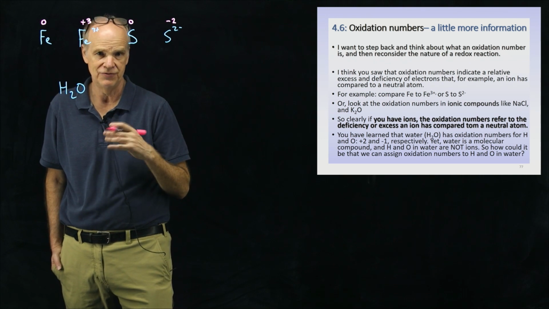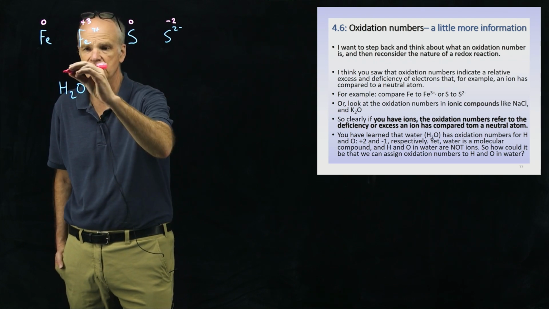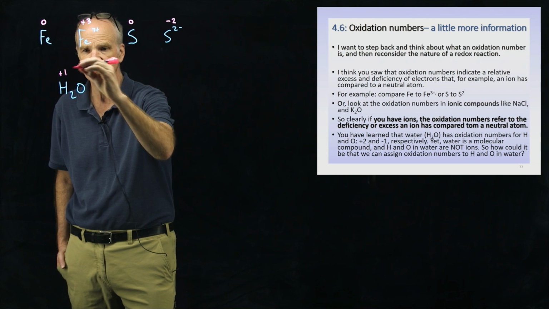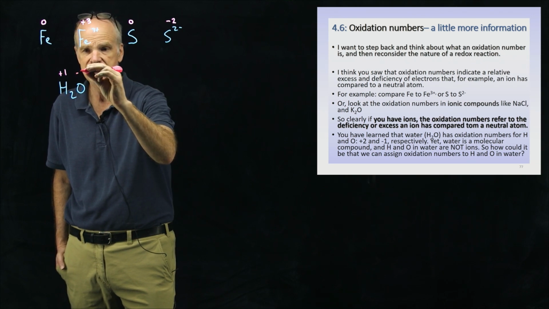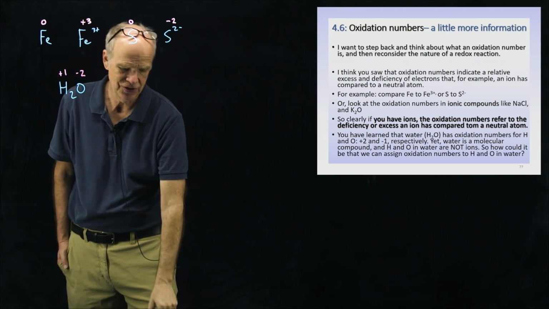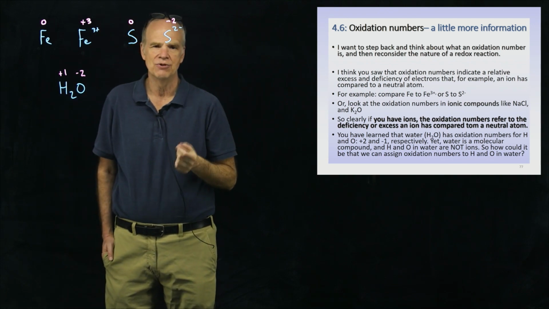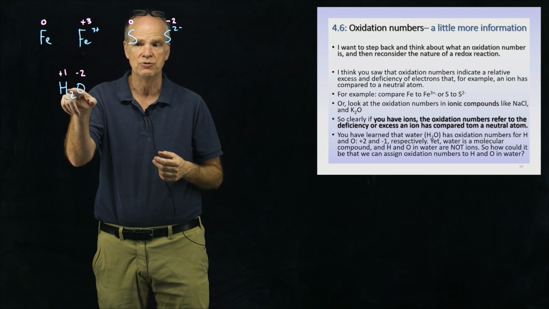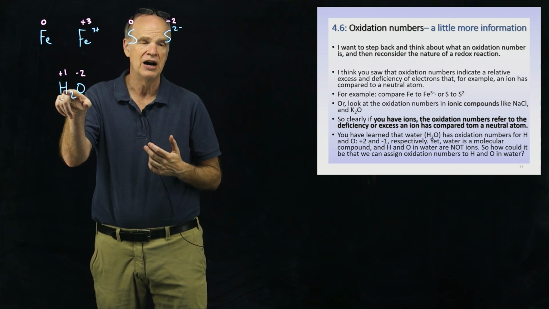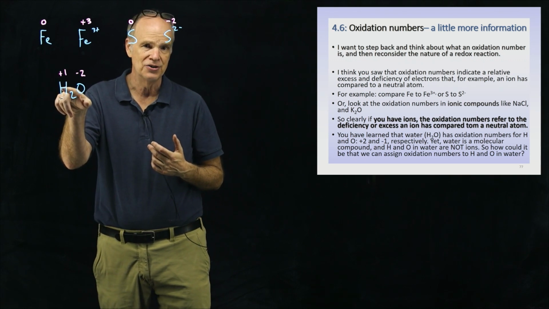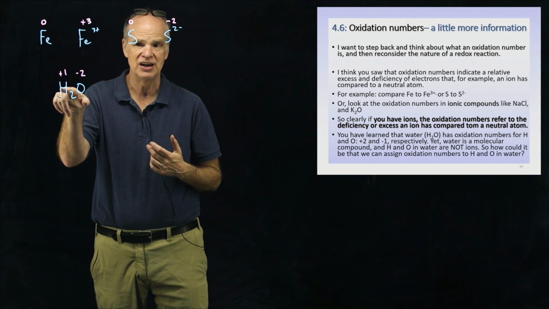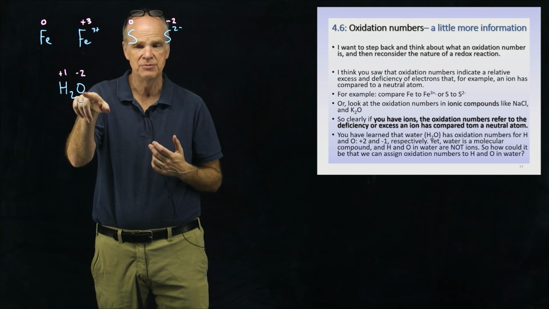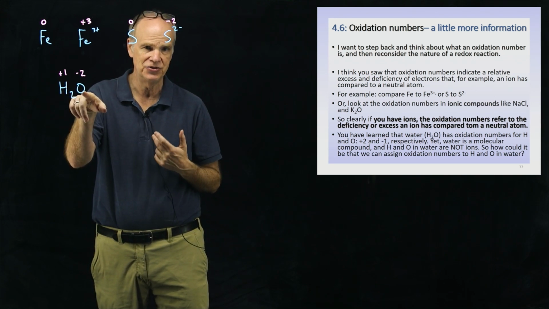We have told you that the oxidation number of hydrogen in the water is +1, and oxygen in the water is -2. So you might think, oh, okay, well this tells me something: that in water, what we must be dealing with is a situation where the hydrogens are deficient in 1 electron each, and the oxygen atom has an excess of 2 electrons.